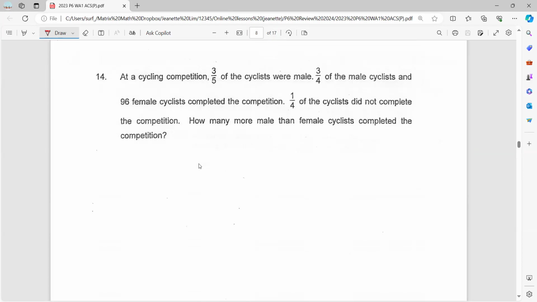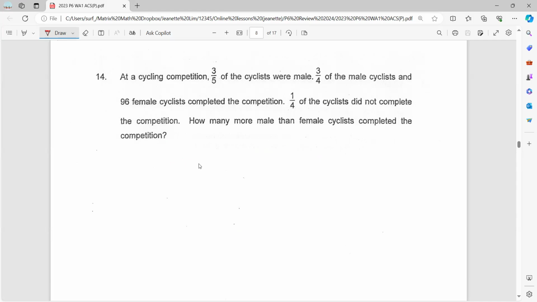Okay, so for this question, there's a few fractions. I'm going to use ratio, because when there are a lot of fractions, it can be a bit tricky. So you want to use ratio so that you can find a common base and see how they all link. Okay, first, 3/5 of them were male.